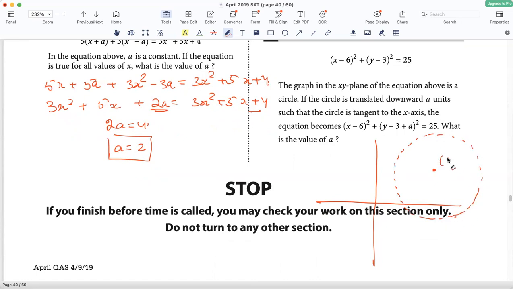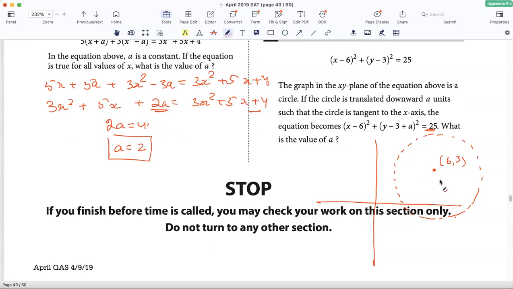Right, so this is how it would look, (6, 3) and the radius of 5, because you have the right hand side as 25. And now you're translating it downward until it becomes tangential to the x-axis.